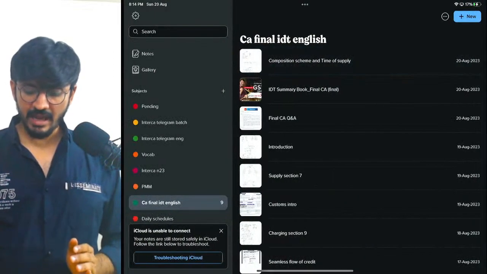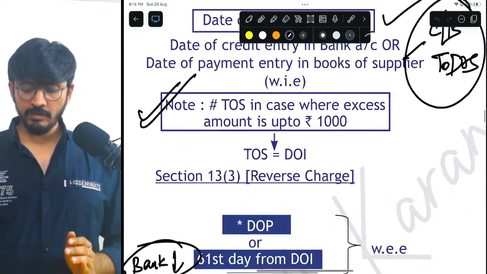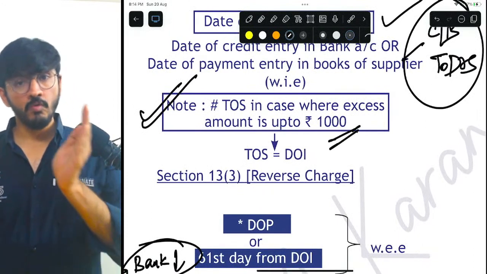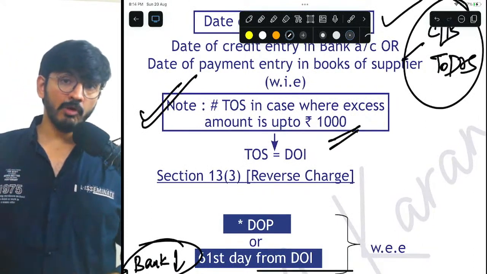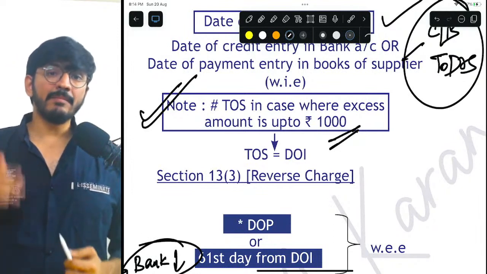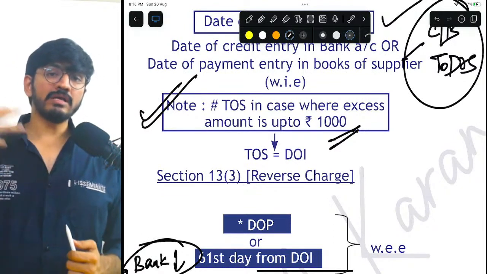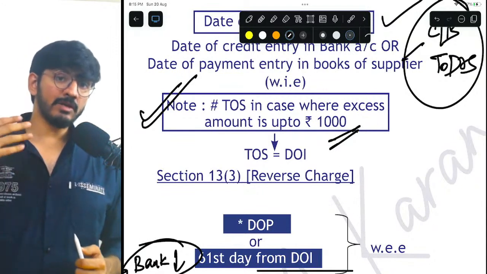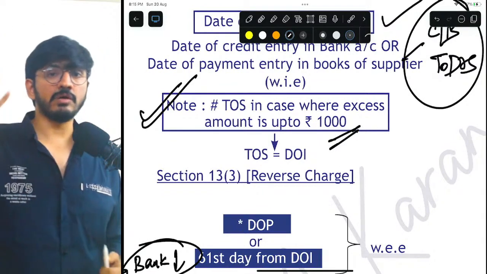Okay, but this can happen only when the amount paid in excess is up to 1000. So in our case, the amount excess was 20 rupees, which is up to 1000. So for example, if your bill amount is 2000, this clause will be applicable only when you have made the payment of 3000.